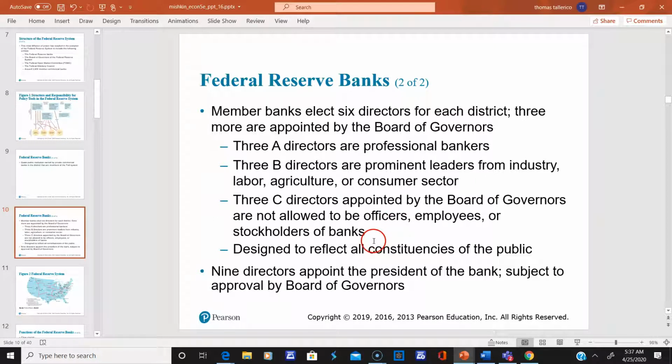So they're setting up a nice constituency of the public where all the power is not in one particular type of people. The 9 directors appoint the president of the bank, subject to approval by the Board of Governors in Washington, D.C.